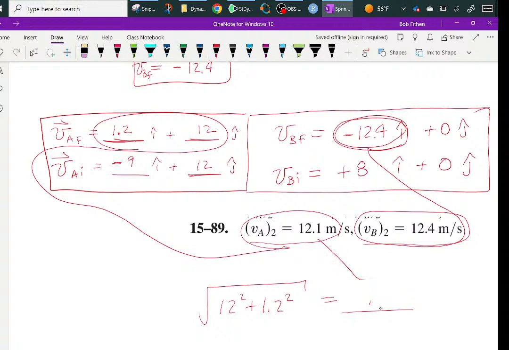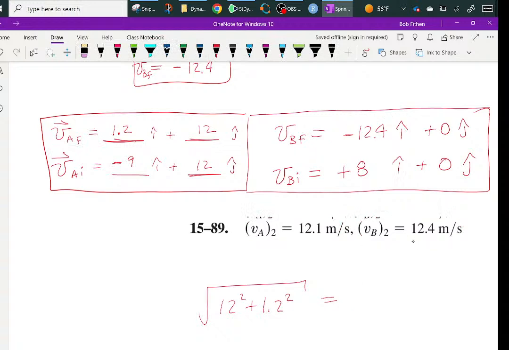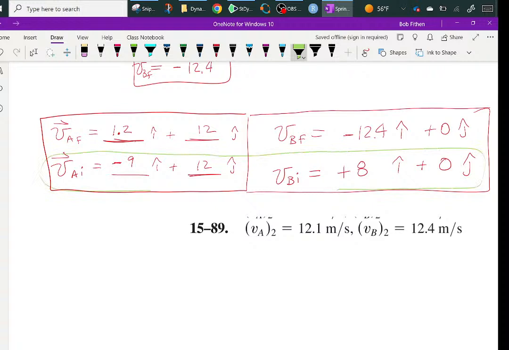And so what I've done is I've found the component version. And the next thing I want to do, and this is not part of his part of the problem, but I want to know if I looked in here and found the kinetic energy initial, and then I looked right here and I found the kinetic energy final, what would they be?